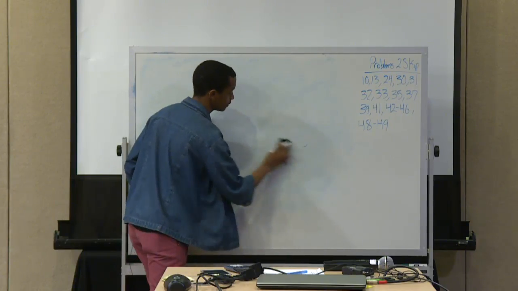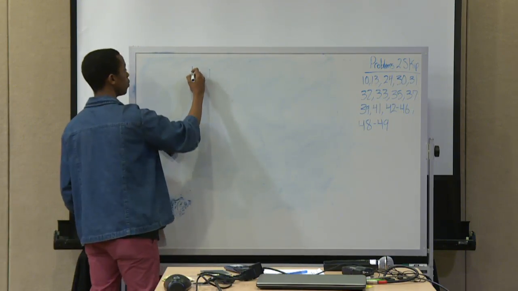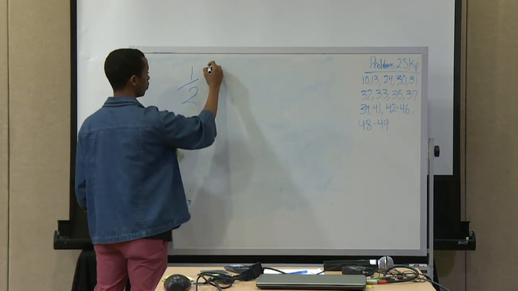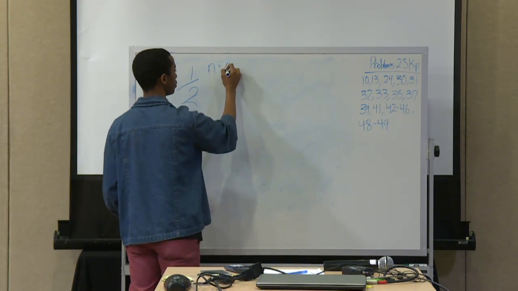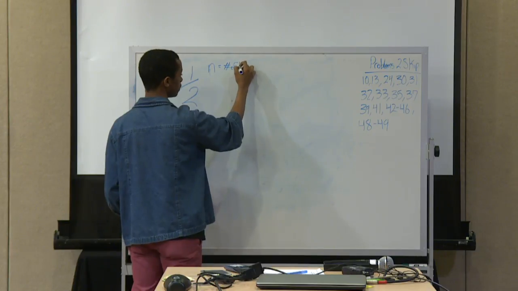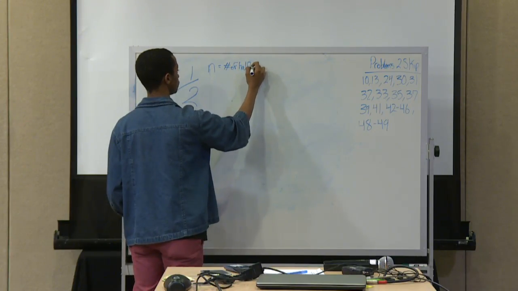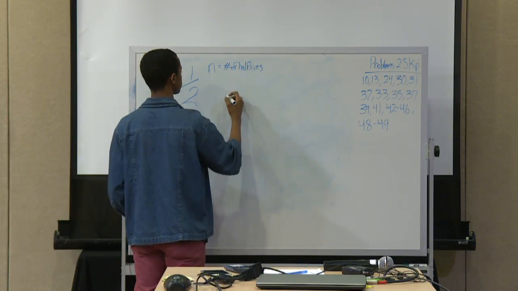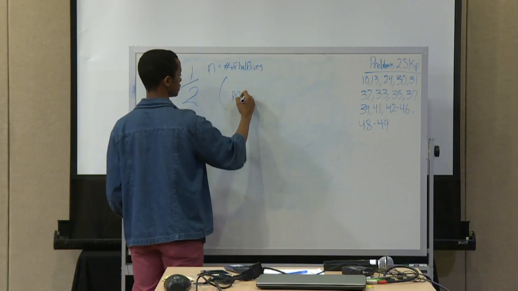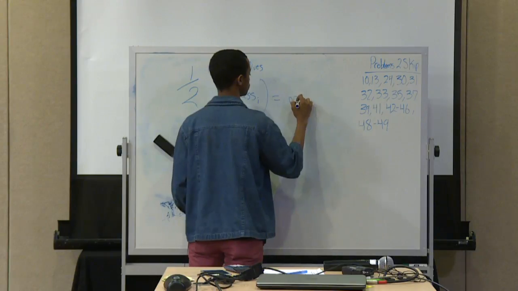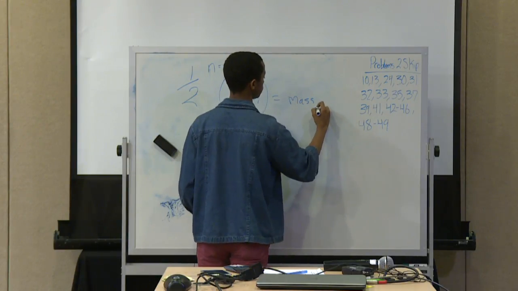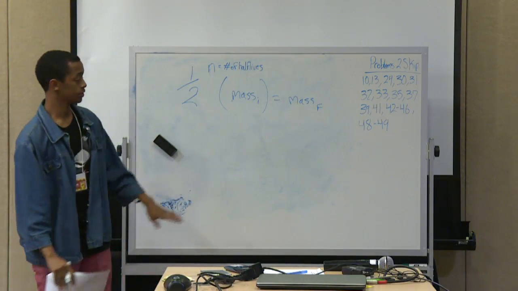The formula is 1/2 raised to the n, where n is the number of half-lives, times the initial mass equals your final mass. Just make sure you remember this formula.